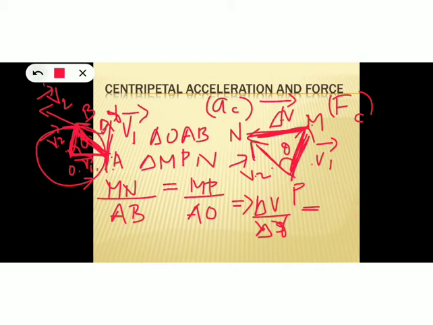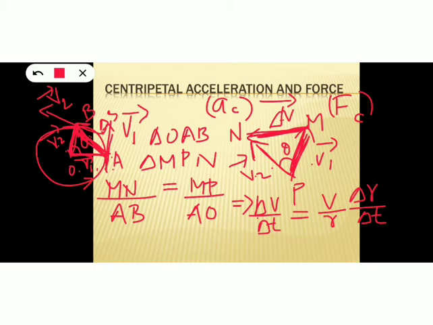Delta V is equal to V by R into delta R. Now, divide both sides by delta T. So, what is delta V by delta T?